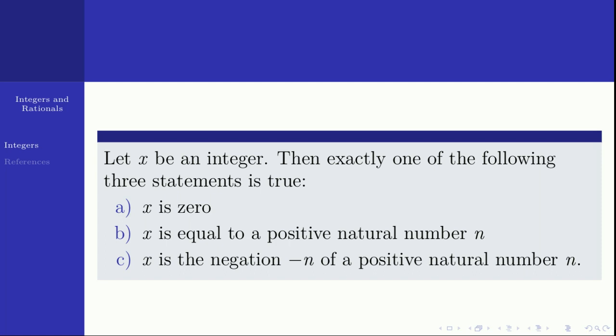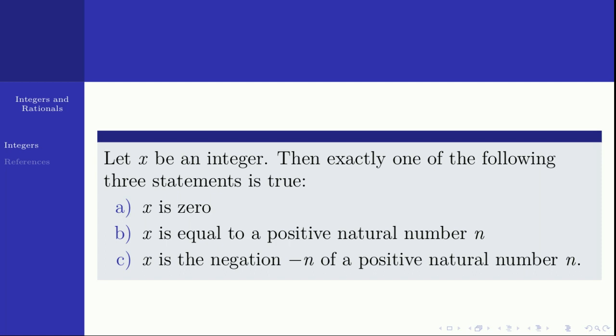You can think of any integer, then either the number will be 0, or it will be a natural number, or it will be the negation of a natural number. So in that way we can order the integers. You can compare the integers, which is big, which is small.